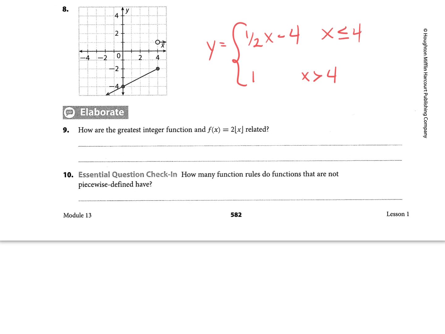9. How are the greatest integer function and f of x equals 2 times the floor function related? This just doubles the output.